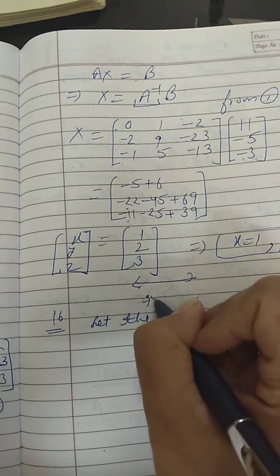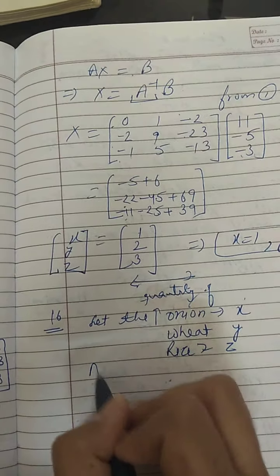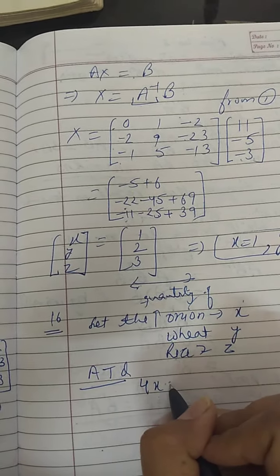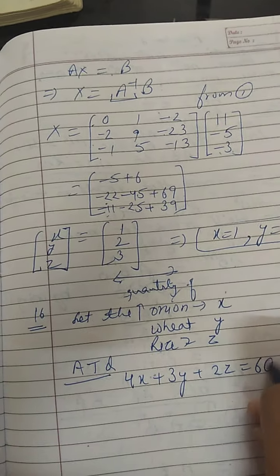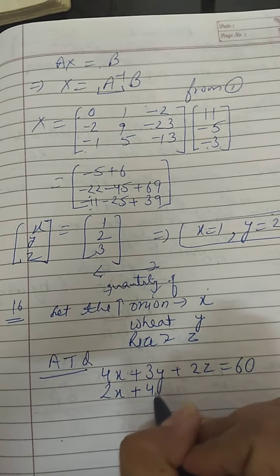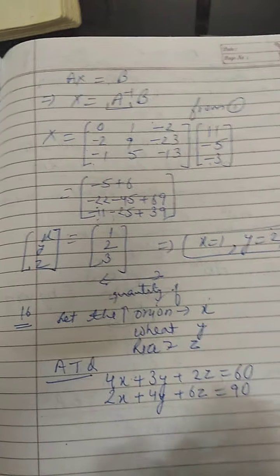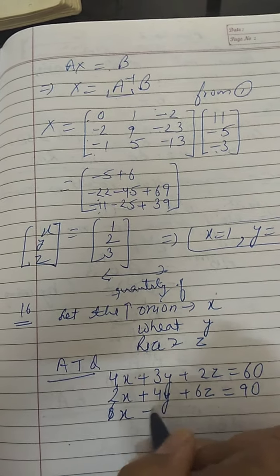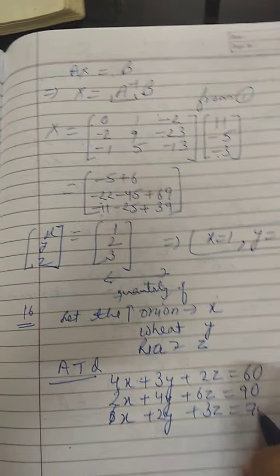According to the given question: 4 kg onion, 3 kg wheat and 2 kg rice, the cost is total 60. Second, 2 kg onion, 4 kg wheat and 6 kg rice, the cost is 90. And the last is 6 kg onion, 2 kg wheat and 3 kg rice, the cost is 70.